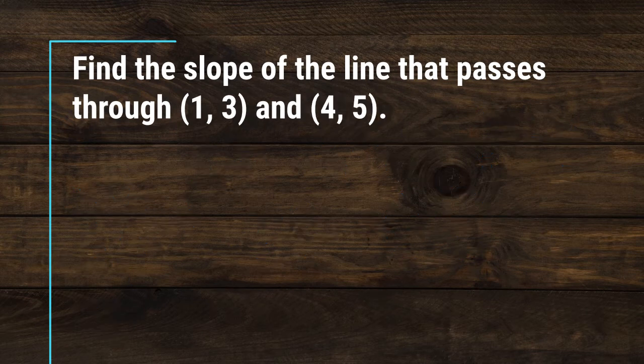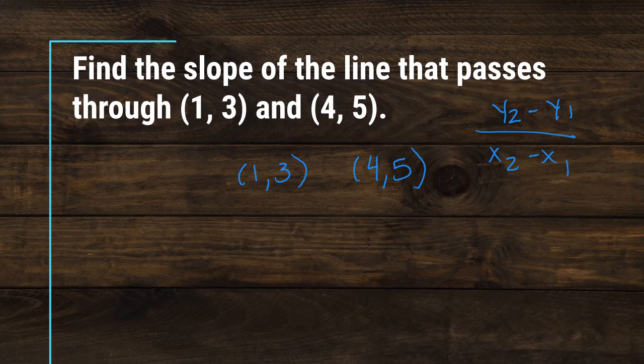Okay, so find the slope of the line that passes through (1, 3) and (4, 5). So I have (1, 3) and (4, 5). And what is the equation that I'm using? y2 minus y1 over x2 minus x1. The first thing I'm going to do is label my points. My first coordinates are x1 and y1, and then I have x2 and y2.